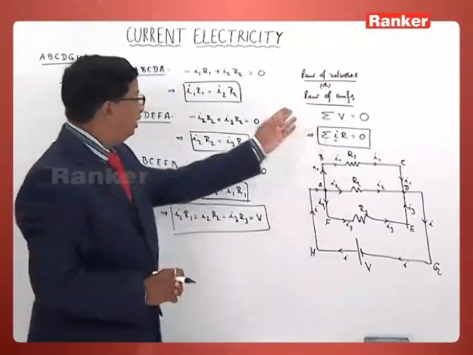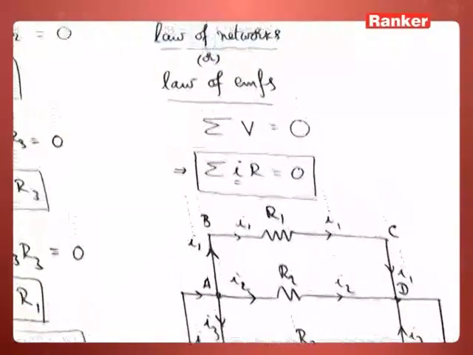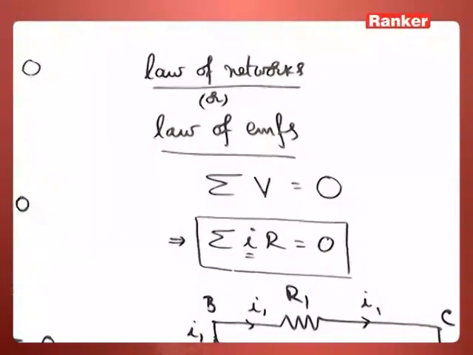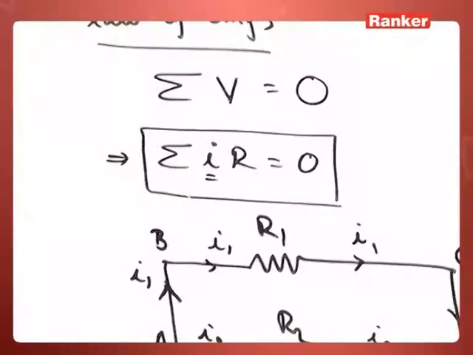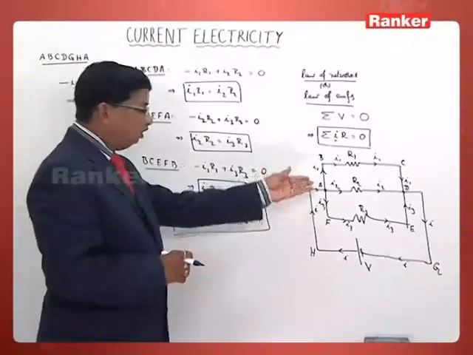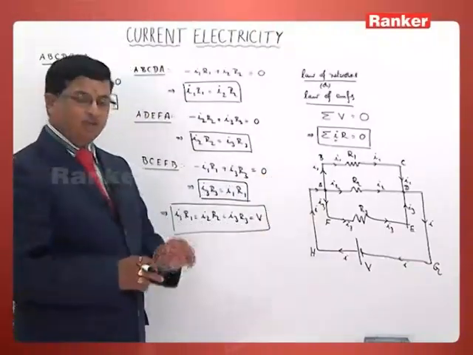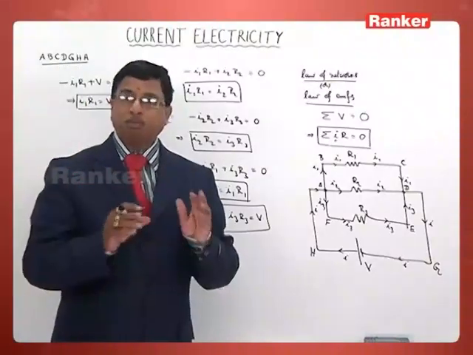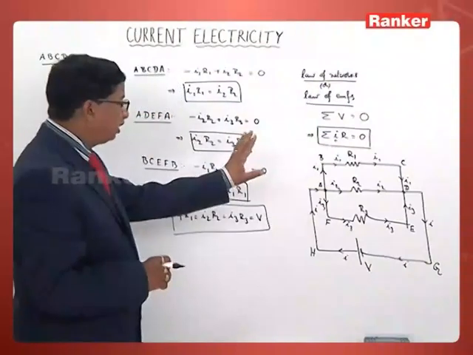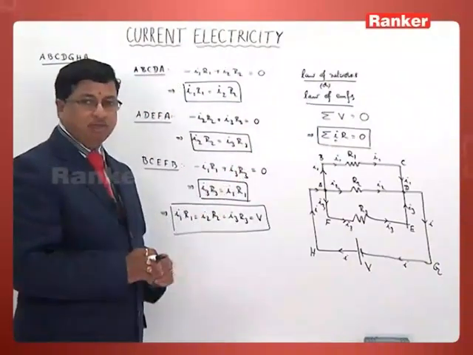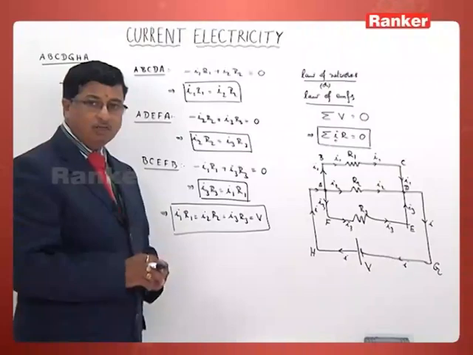So Kirchhoff's second law is the direct repercussion of the law of conservation of energy. And how to take the conventional signs, if one is thorough with them, automatically you can solve and analyze any kind of circuit, however big that is going to be. So this is the major application one should remember as far as Kirchhoff's laws are concerned.